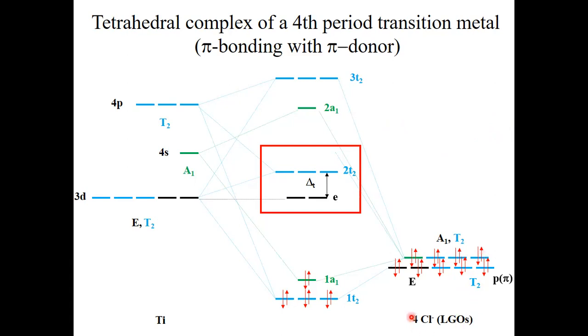In this case, we have a chloro ligand. Our HOMO would be considered the p orbital that would make the sigma bonding with the titanium, and the 2 p orbitals that stand perpendicular to that pz orbital, the px and the py orbital, would be those that can make the pi bonding.